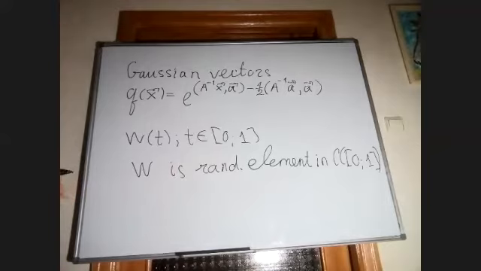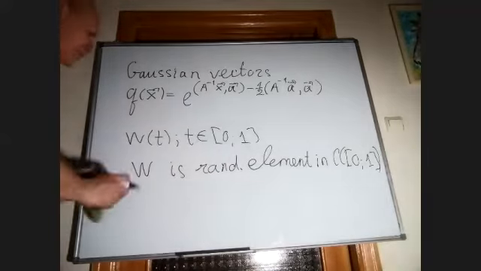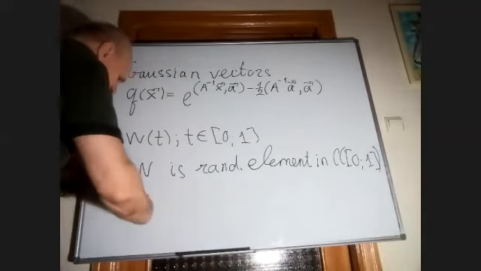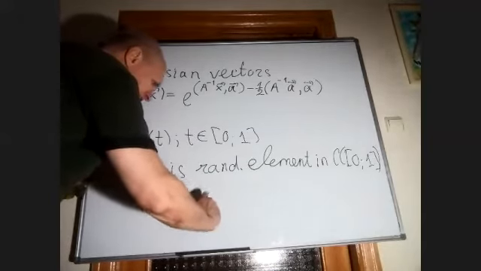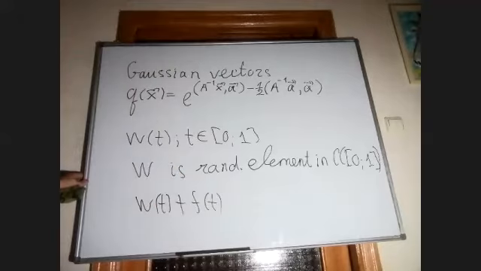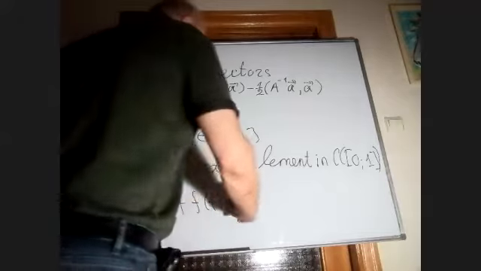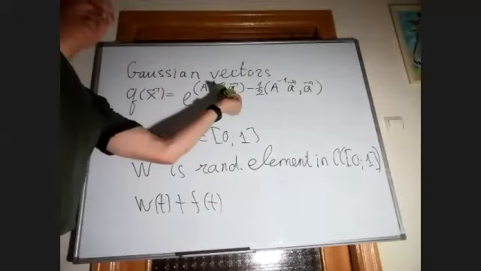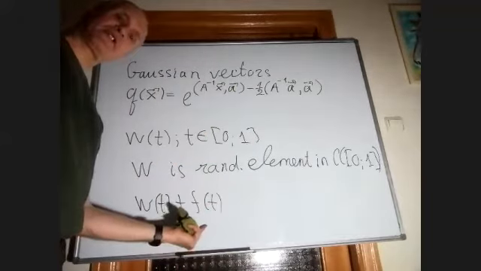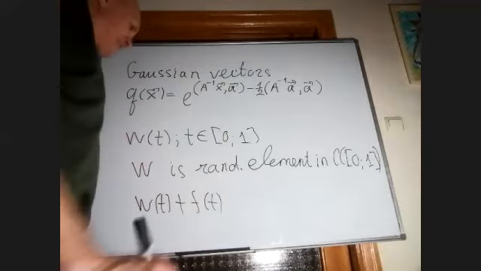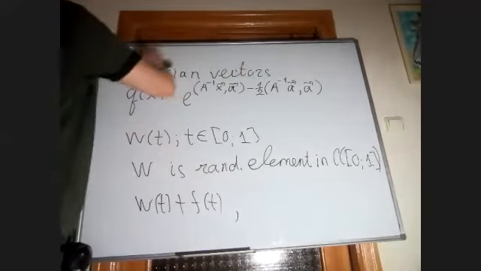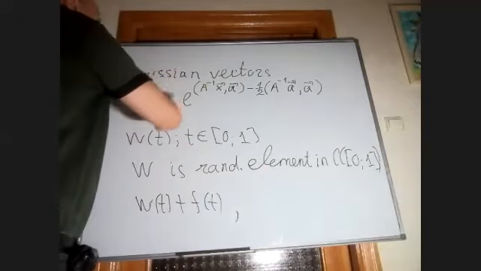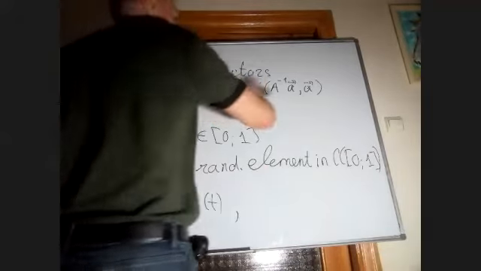Let's try. So I will consider Wt plus Ft instead of Wt. This is my shift, this A. This is my shift. But I will suppose that F has some additional properties.